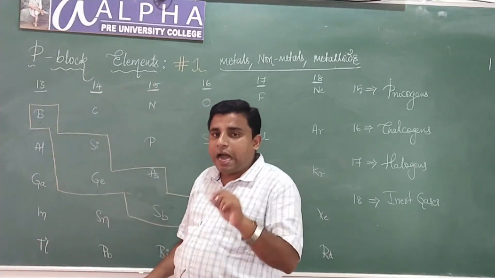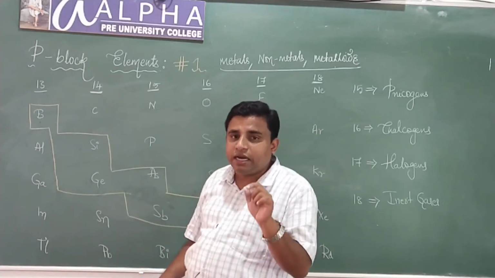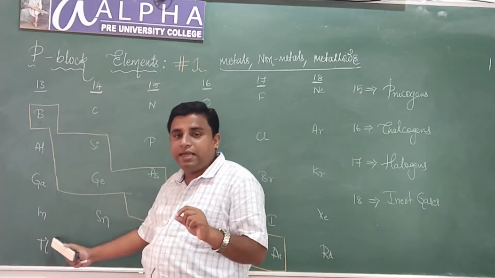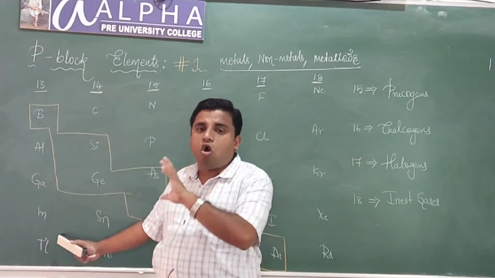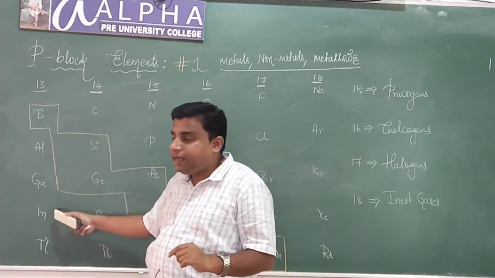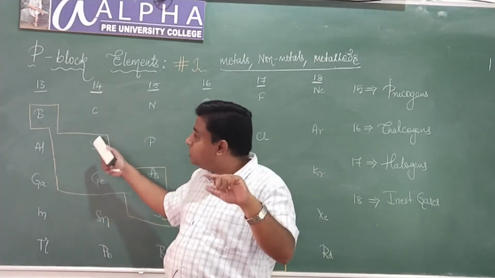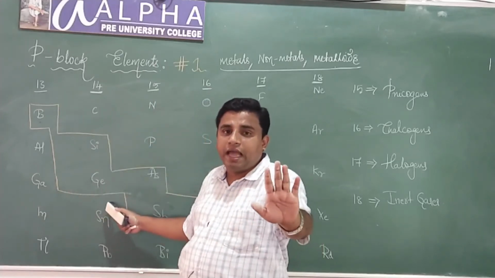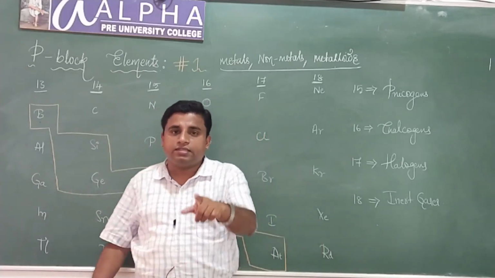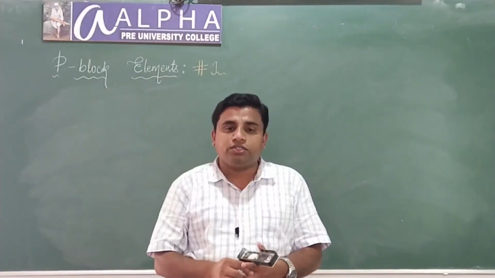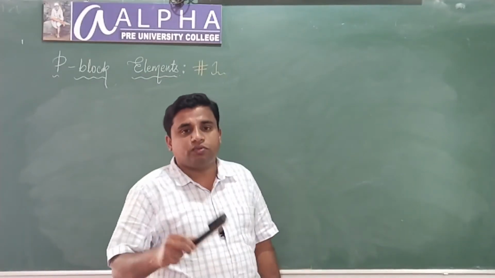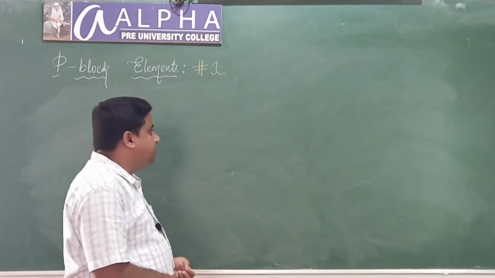Understood? So I'll be starting with what? Boron family elements. Let us talk about all the properties of boron family and then we will go with the properties of carbon family elements.